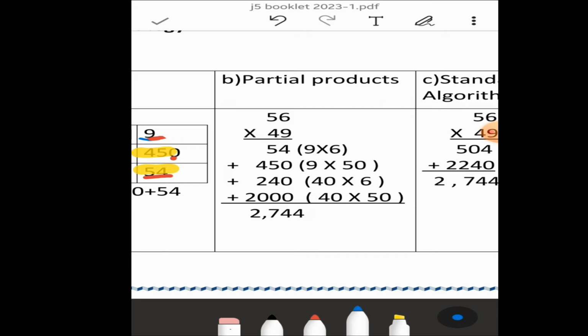First we will multiply 9 times 6, and the number will be 54, and 9 times 50, here the number will be 450, and then 40 times 6, it will be 240, and 40 times 50, it will be 2000. So we will add all of these products to get the final product.